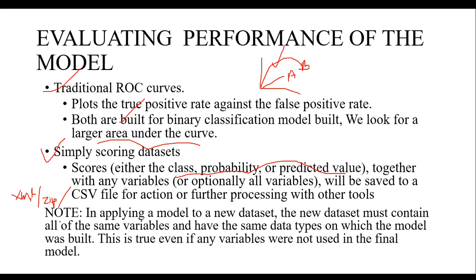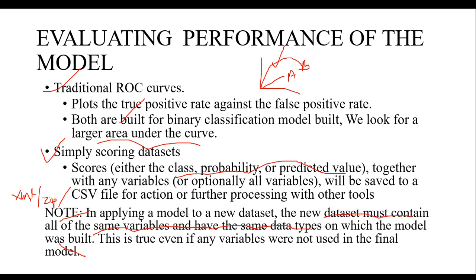One key thing to note, and we will clarify it when we look at the example: in applying a model to a new dataset, the new dataset must contain all of the same variables and have the same data types. So I'll reiterate, the same variables and same data types as the data set on which the model was built.